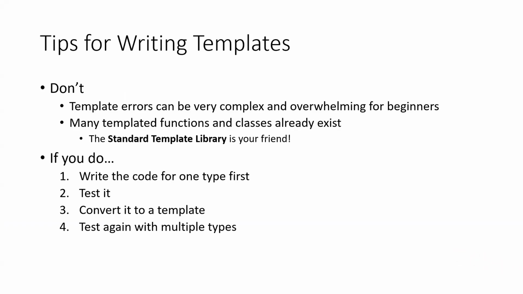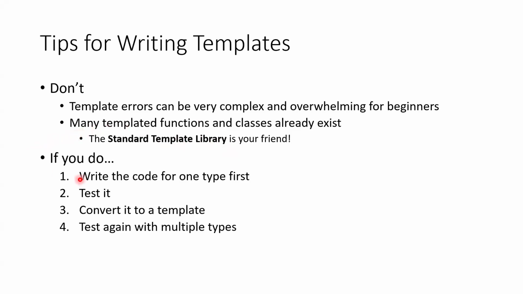General tips for writing templates. The first tip is to not write templates, especially in this course, because writing templates can be complex and the template errors can be very hard to fix and overwhelming for beginners. But you should be using templates written by other people that already exist in the standard template library or some other library you can find online.